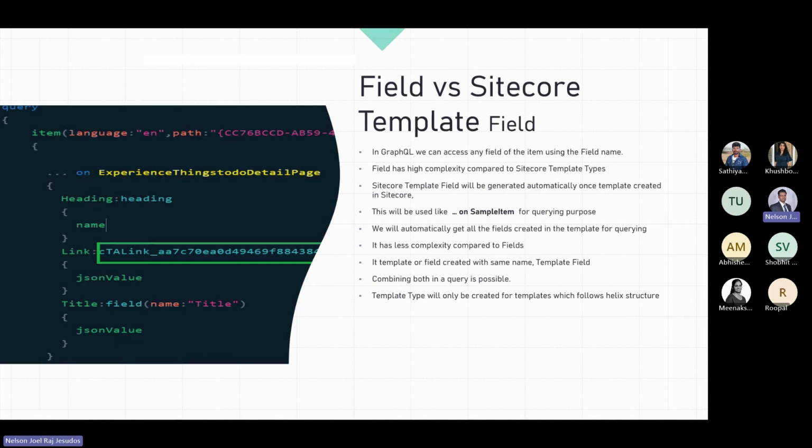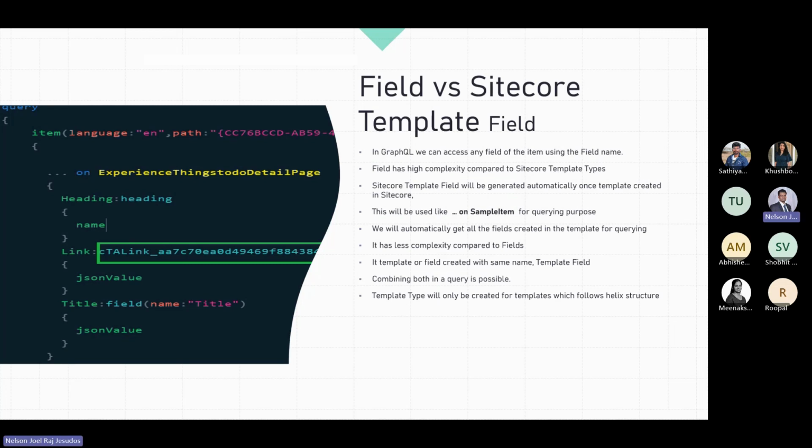If you query using template A, but the path you are looking for is an item of template B, you will not get any data, because the template query maps to that particular template based on the item. So you will not get the items created on template B. I will show that as well. That is one drawback here.